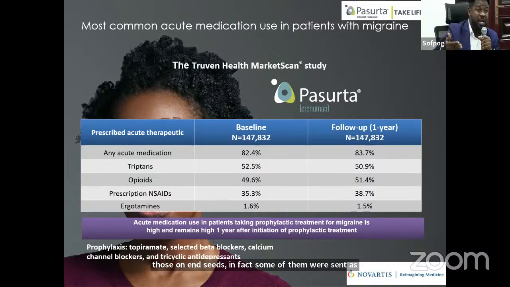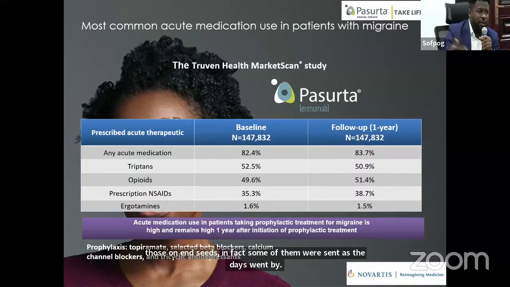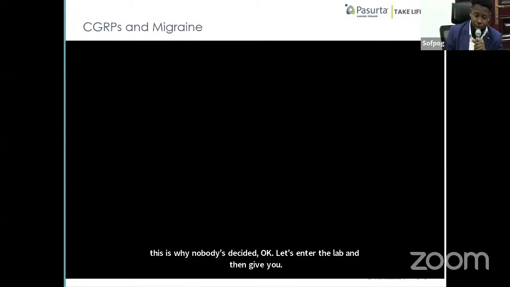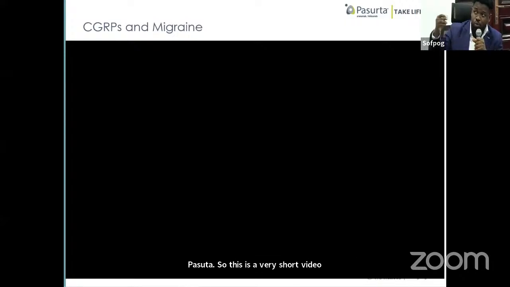So after year 1, they had not really improved from the medications that they were taking for their migraine. So this is why Novartis decided that, okay, let's enter the lab and then give you Pasuta. So this is a very short video on our new molecule, Pasuta, which is a monoclonal antibody for migraines.